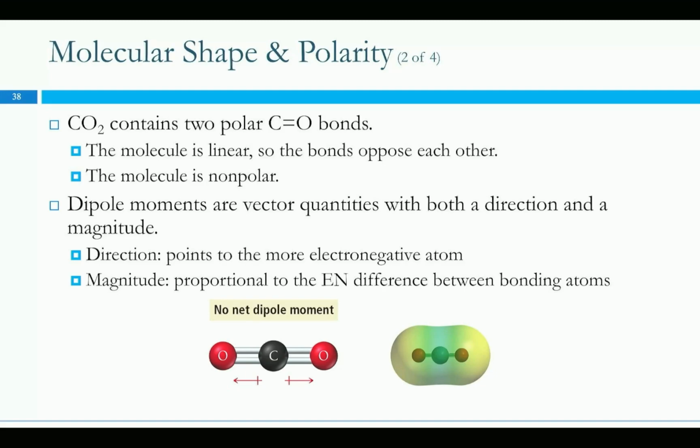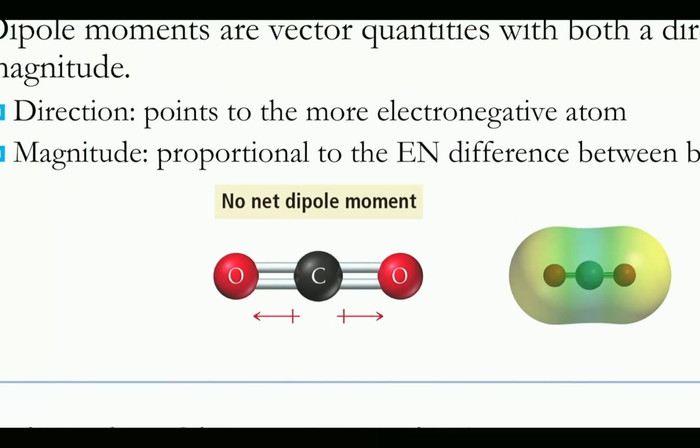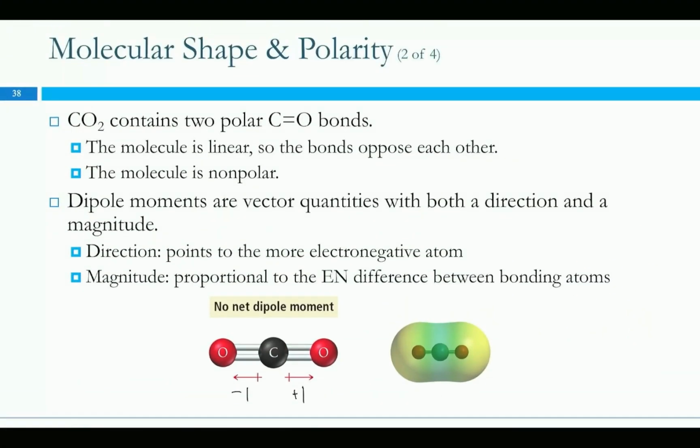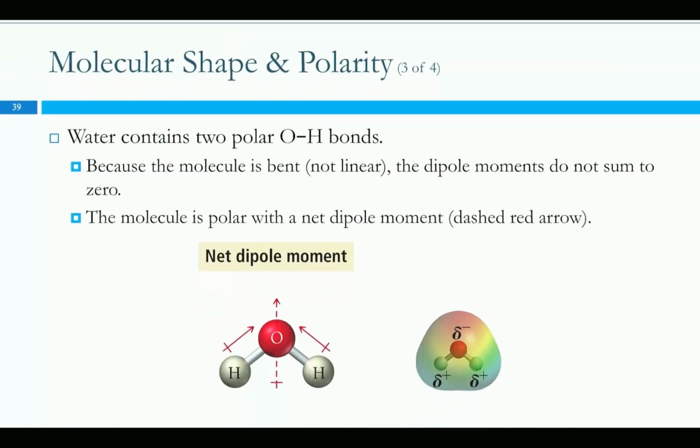The size of this arrow and the size of this arrow and their direction are exactly matching each other in opposite directions. If I make up a value, call this -1, call this +1, and add those 2 together, I end up with a 0 net dipole moment. And we'll give you some tricks for doing this faster than actually doing the vectors, but look at these first.